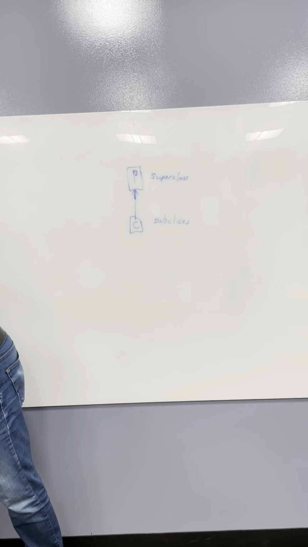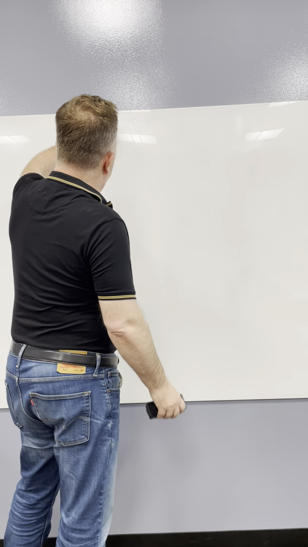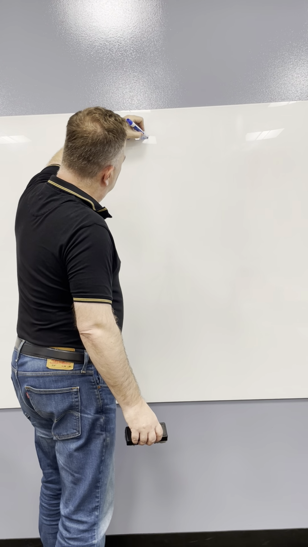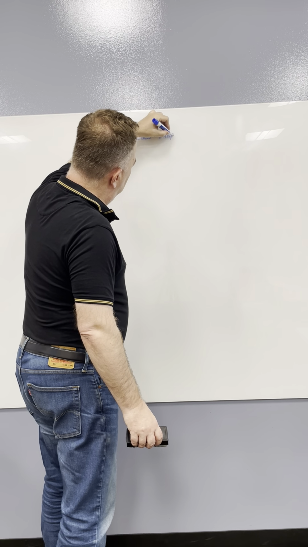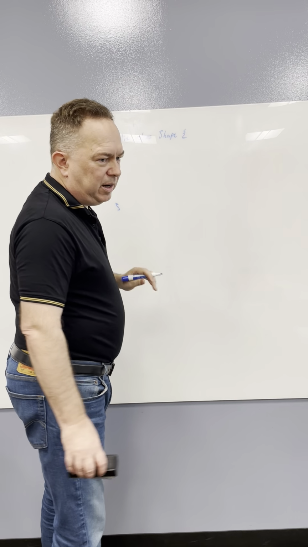Okay, let's talk constructor. What does this actually look like? Public class Shape. We're going to add some more stuff in here, we'll come back to that.